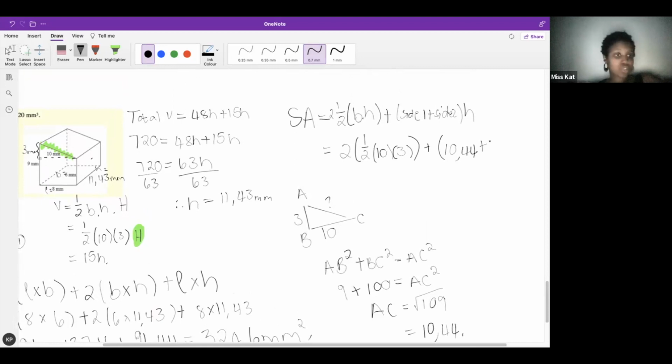Plus side 2 is our 3 times the height, which was 11,43. Let's see. This is 30 plus 13,44 times 11,43. It's going to give me 153.